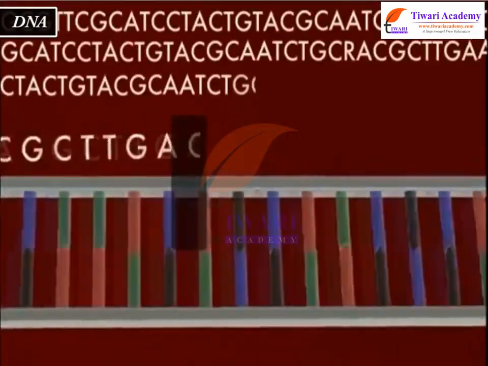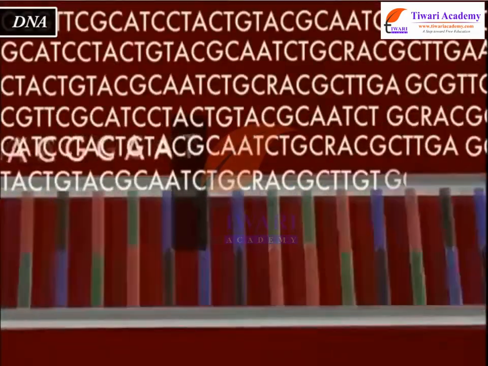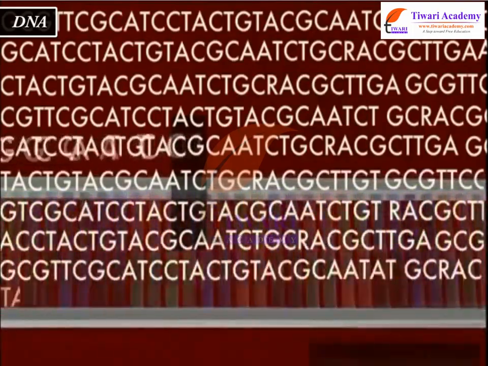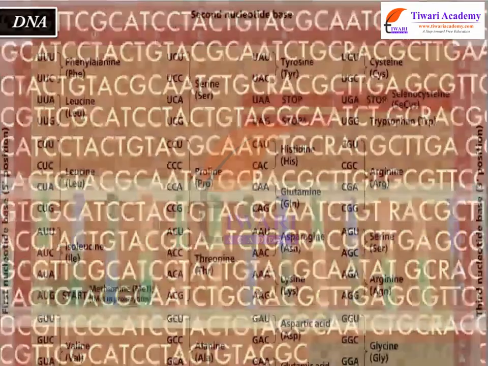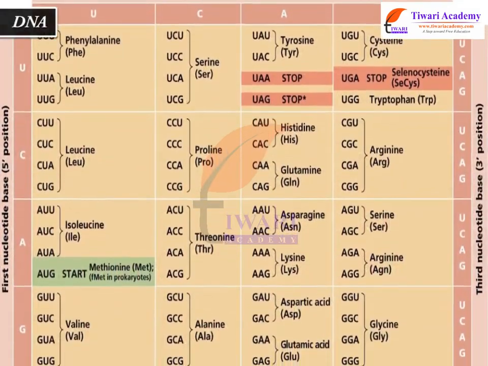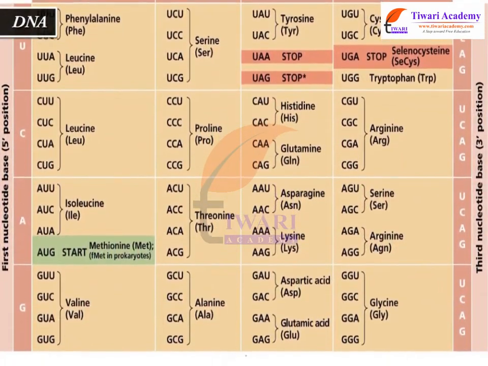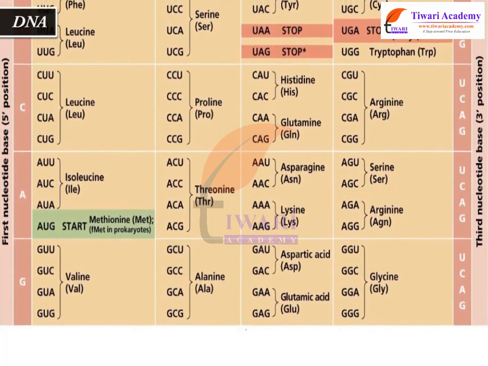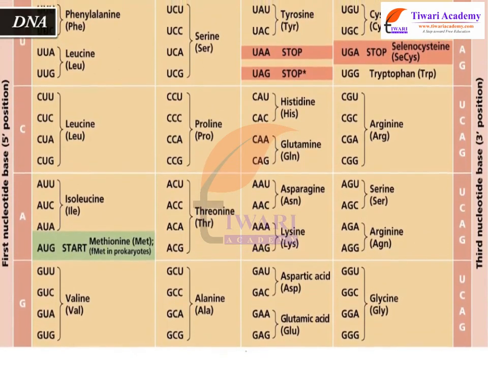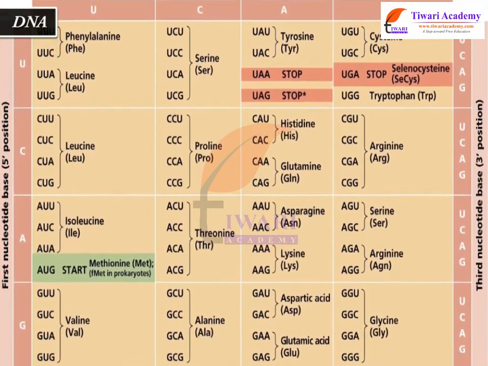The exact correspondence between the four-letter nucleotide alphabet of DNA and the 20-letter amino acid alphabet of proteins, the genetic code, is not obvious from the DNA structure, and it took over a decade after the discovery of the double helix before it was worked out.